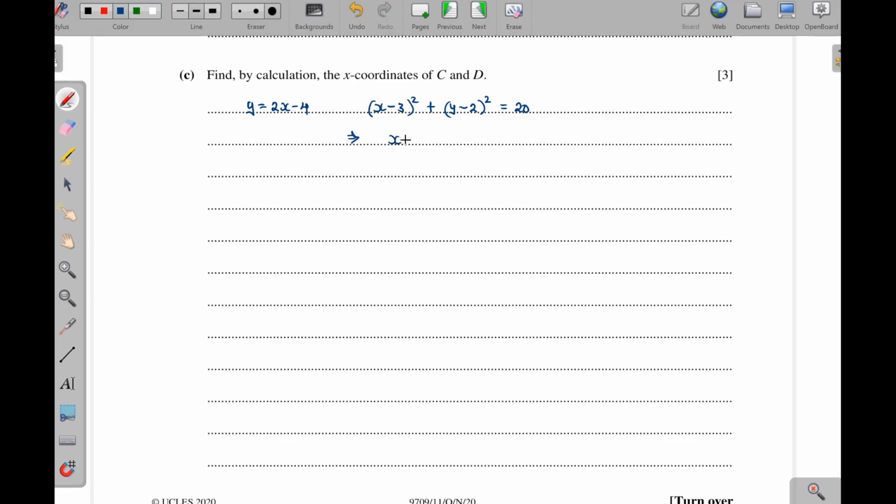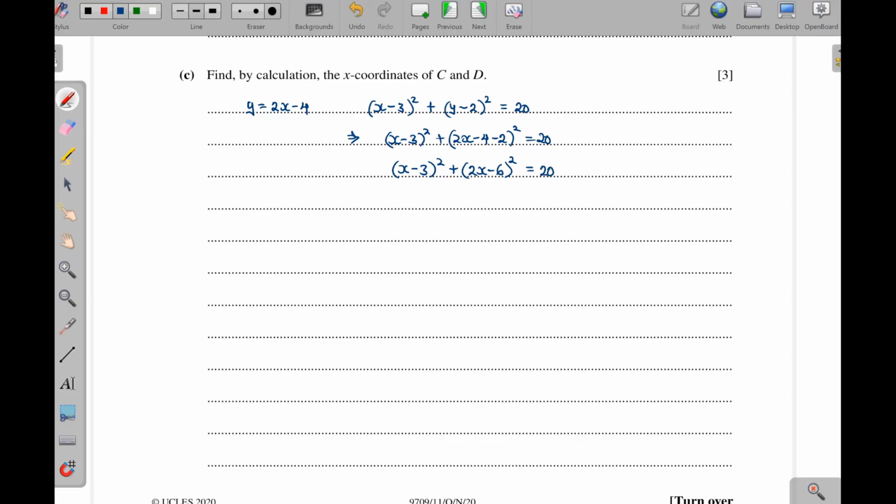So where there is y, I'm going to put this 2x minus 4, then there is a minus 2 squared, then this one is equal to 20, then we have x minus 3 squared, and then this one will be 2x minus 6, then squared, which is equal to 20, okay?